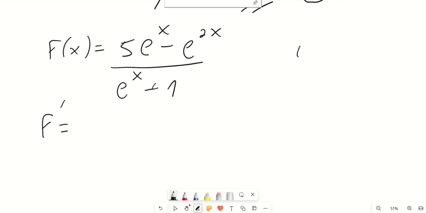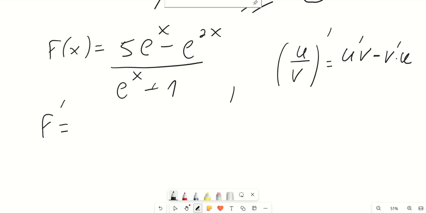So if I have an expression u divided by v, and I want to differentiate it, then I have to take the derivative of the numerator multiplied by the denominator untouched, minus the derivative of the denominator multiplied by the numerator untouched, and all of that divided by the denominator squared. So this is just a reminder for the quotient rule of differentiation.